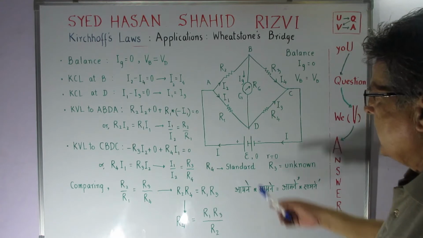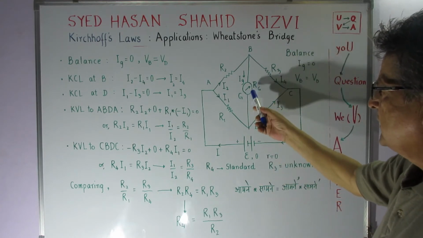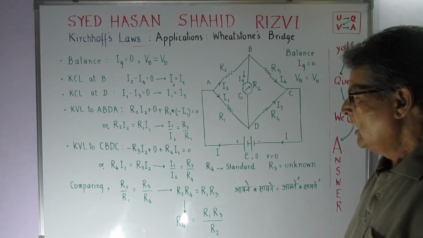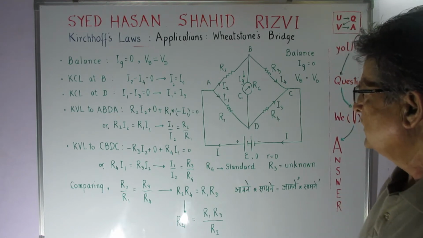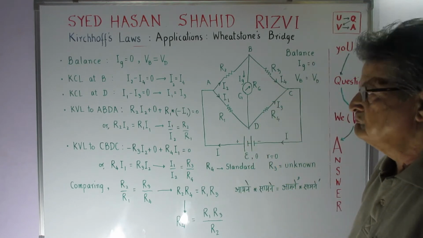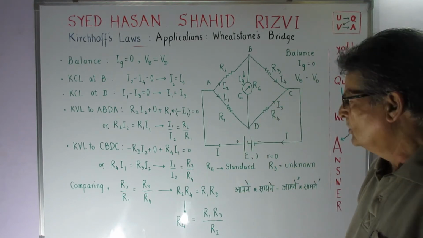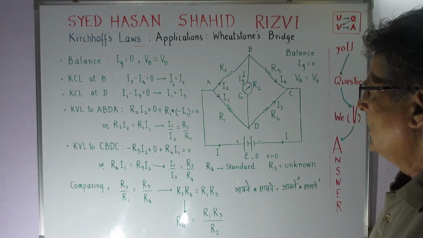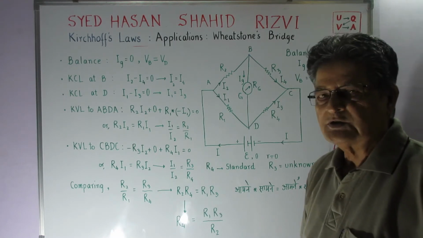Of course, a galvanometer can be converted into an ammeter, which is a current measuring device, also into a voltmeter, which is a potential difference measuring device, by doing some interesting variations over there. Normally the ammeters, they have very low resistance.